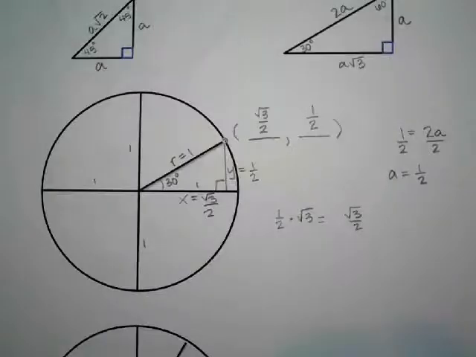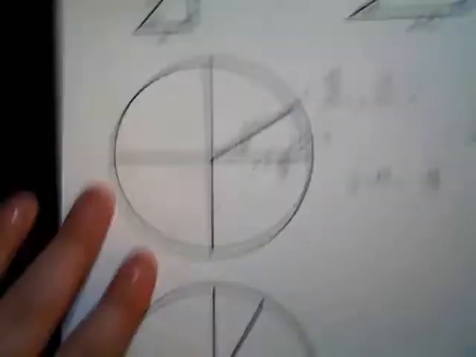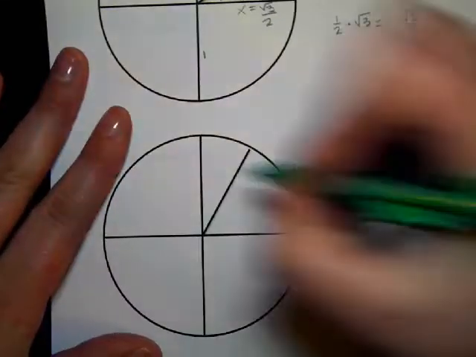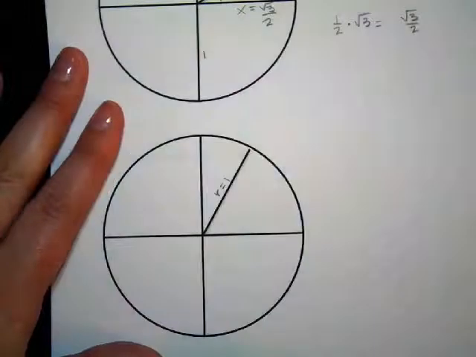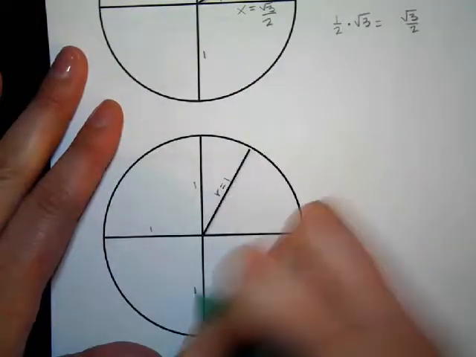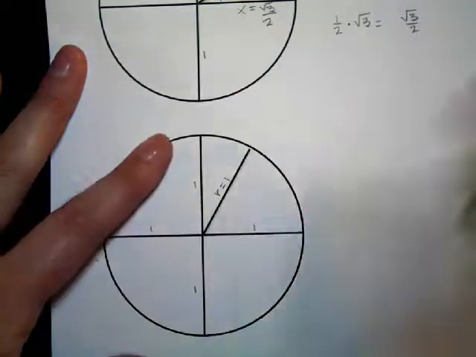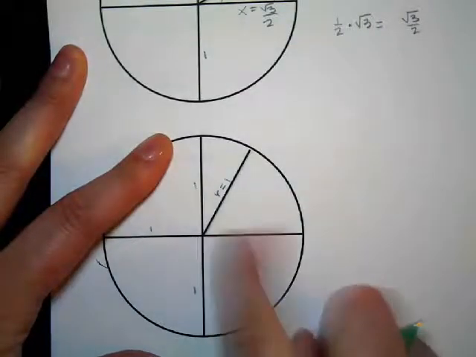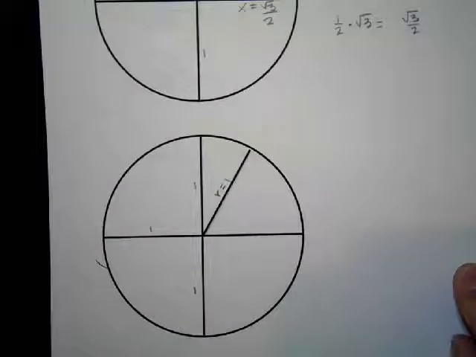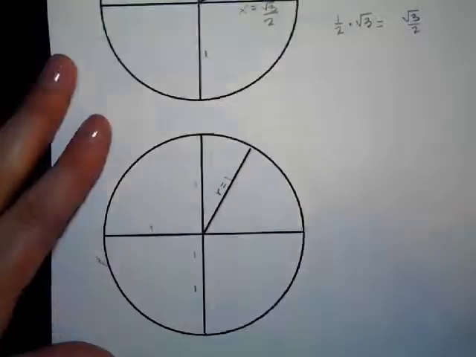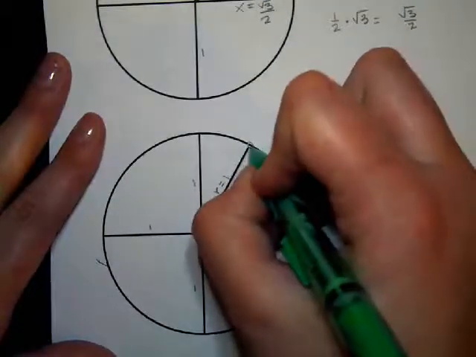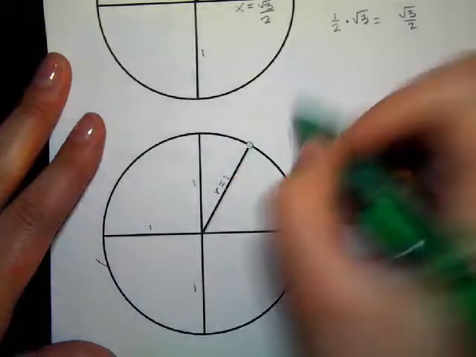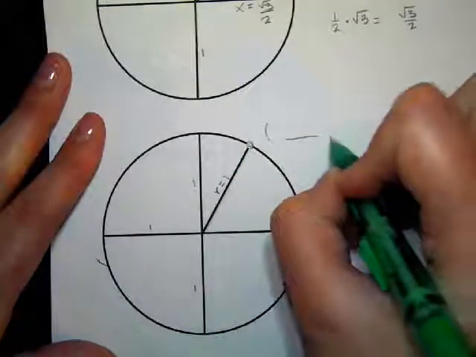So for the next one, we still have a radius of 1. We still have the unit circle. We're still going to draw a point right here because this is what we're about to label. So we're going to have an x coordinate and a y coordinate.